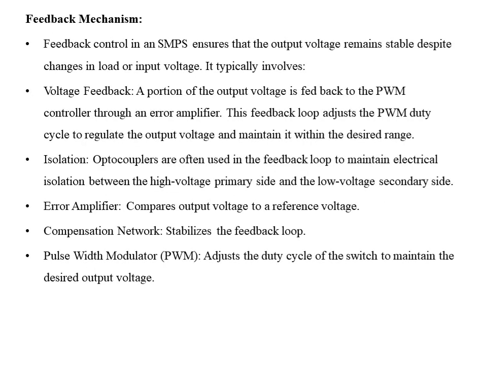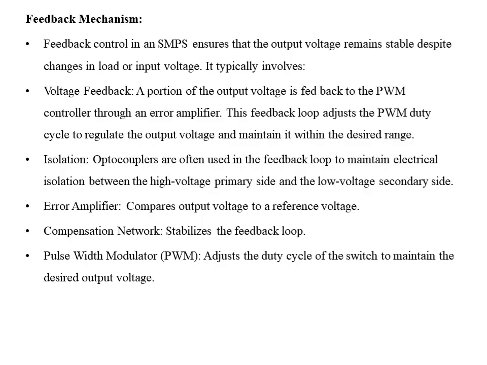Feedback mechanism. Feedback control in an SMPS ensures that the output voltage remains stable despite changes in load or input voltage. It typically involves voltage feedback. A portion of the output voltage is fed back to the pulse width modulator controller through an error amplifier.